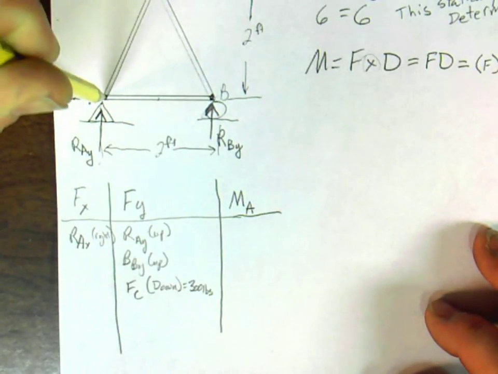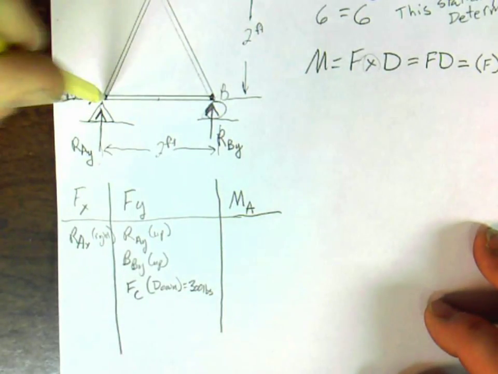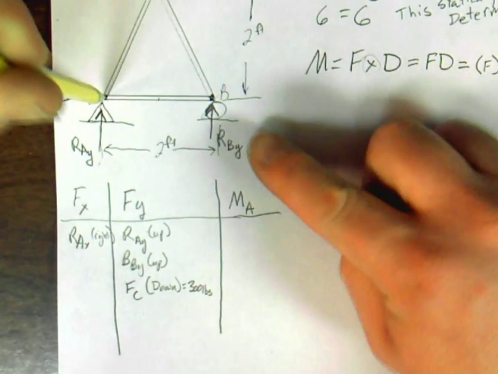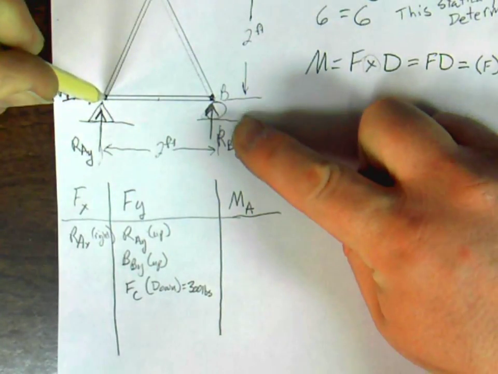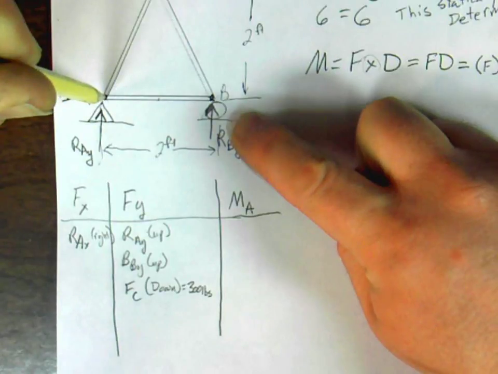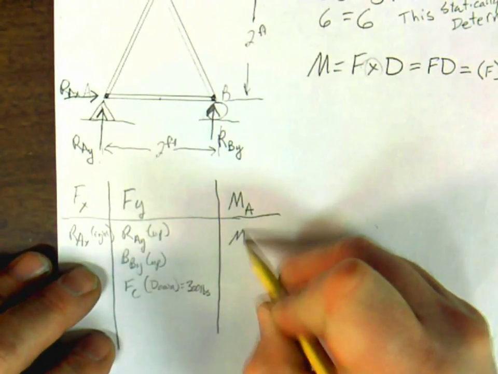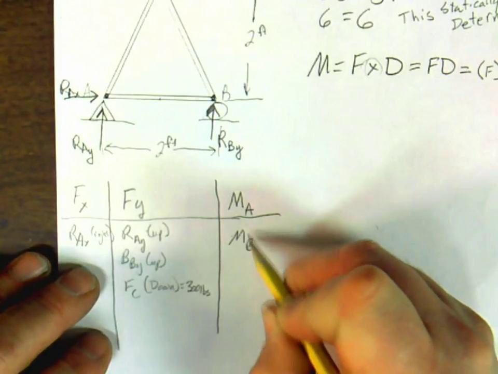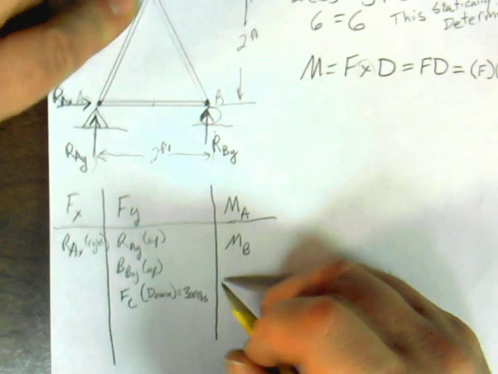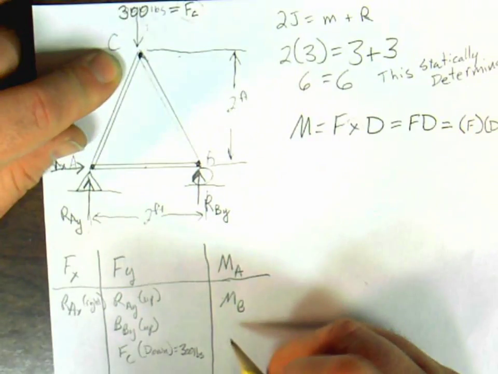However, I do have a moment about B. So I'm going to have a moment about point B, or joint B, and I also have a moment about C up here. And let's see what those are.